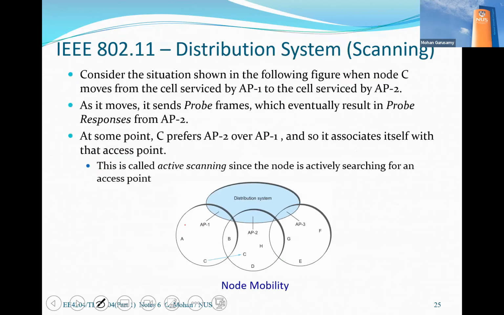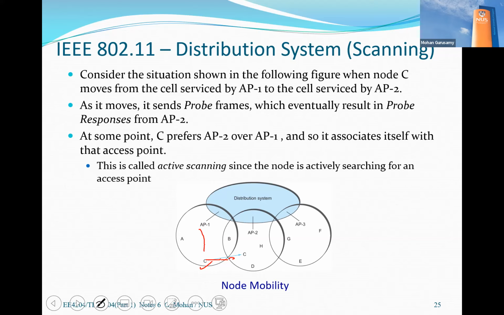For example, let's say C is receiving service from AP1, so it is associated with AP1. If C is mobile, when it moves away from AP1, at some point, let's say at this point, the service would be poor, and it may not be happy with the service.